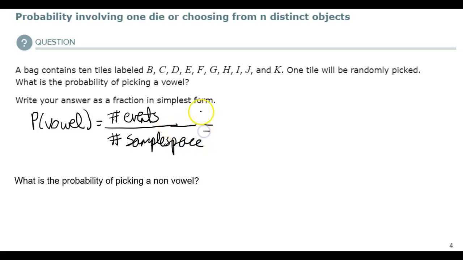So go ahead and think about, what is my sample space? If we want to write that over here, we can. My sample space, there's going to be 1, 2, 3, 4, 5, 6, 7, 8, 9, 10. There's going to be 10 of those. And for my event of a vowel, of those 10, we're seeing how many vowels we have.